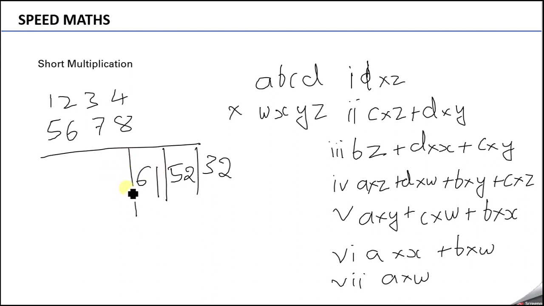I missed this step in the previous version, so apologies. So 8 into 1 is 8 plus 5 fours are 20, so 28 plus 7 twos are 14. 14 plus 6 threes are 18. So 18 plus 28 plus 14. 18 plus 28 would be 46, and plus 14 would give you 60.